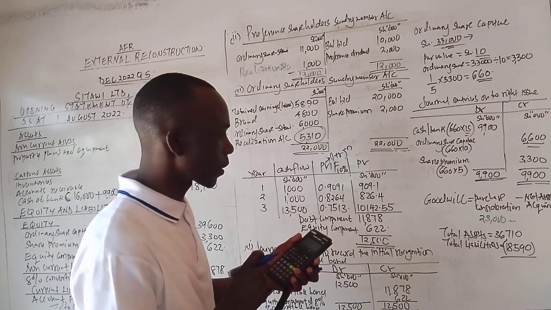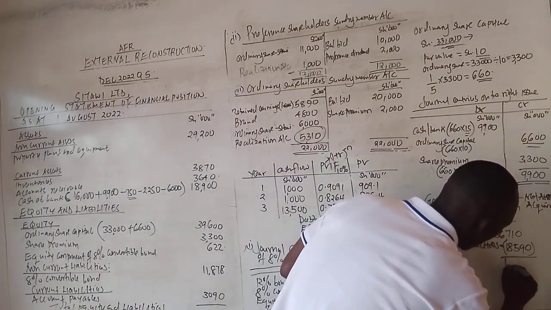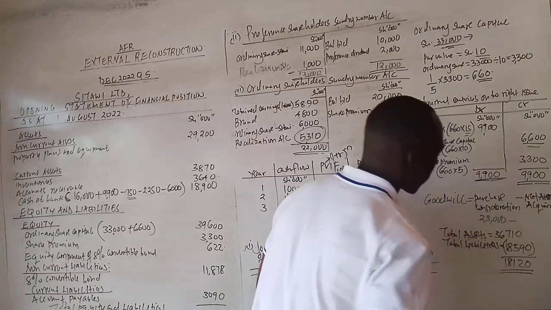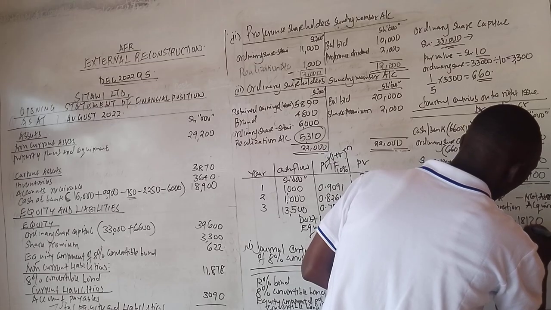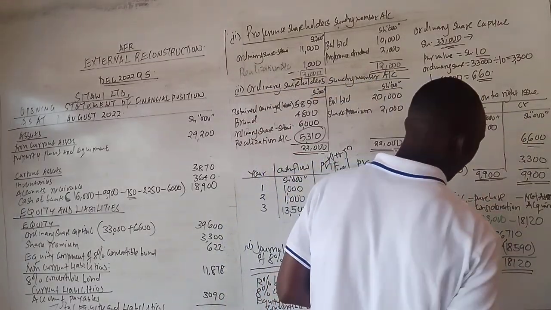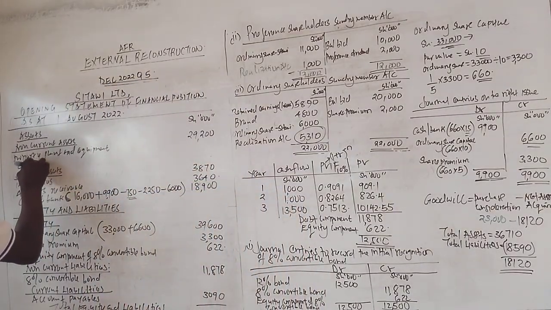So our net assets will be 36,710 less 18,590, and we are getting 18,120. That is the net asset. Automatically the purchase consideration is more than the net assets, and therefore we are going to have the goodwill.